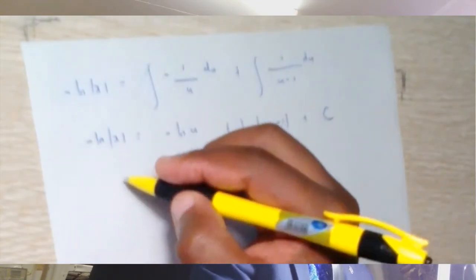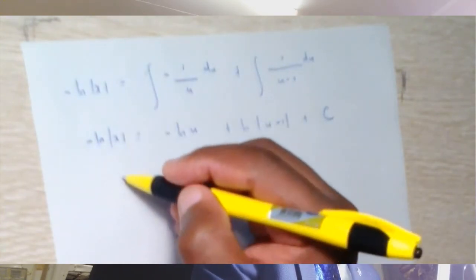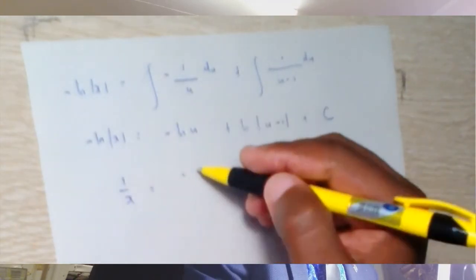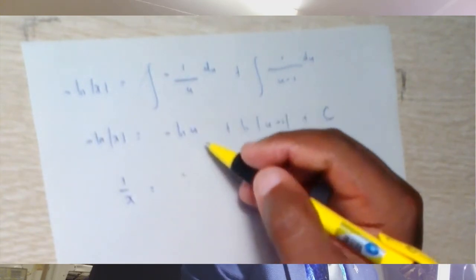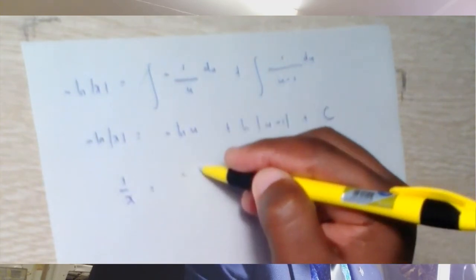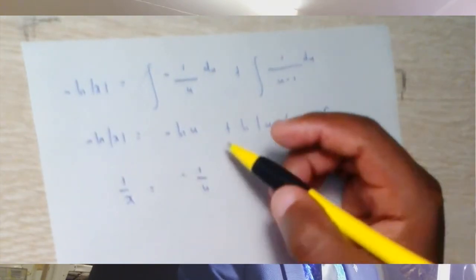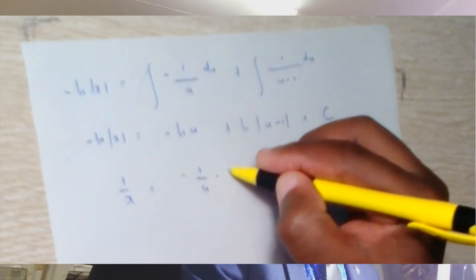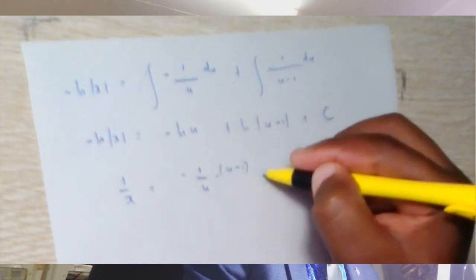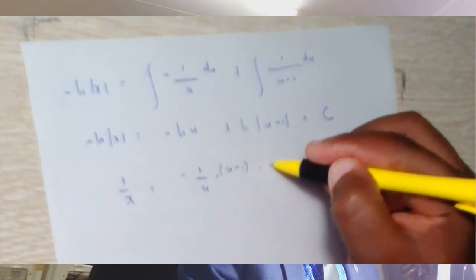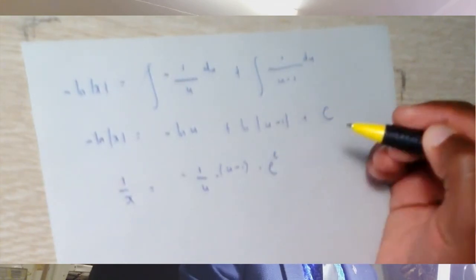So now taking exponent of both sides, I'll have 1 over x is equal to the exponent of this one would just give me 1 over u multiplied by u minus 1 multiplied by exponent of constant c.